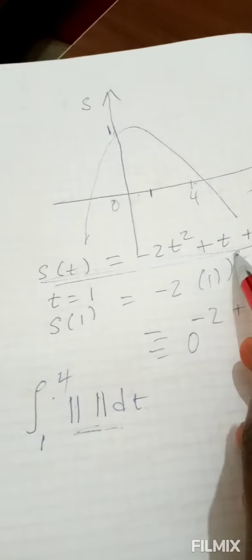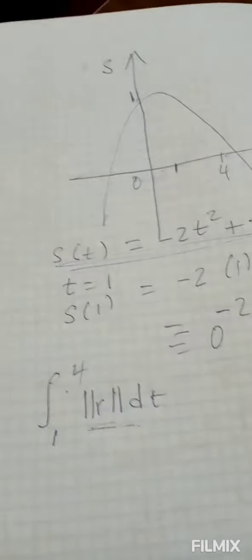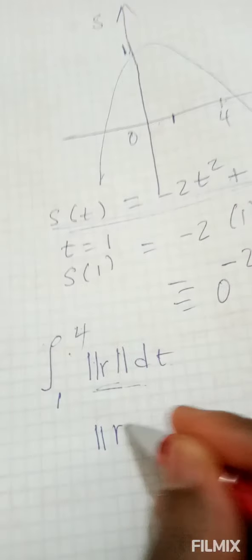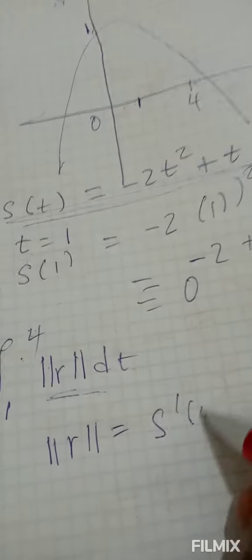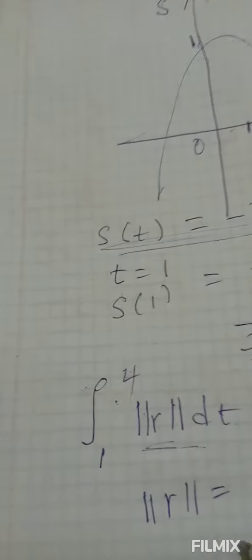We are going to take the derivative of s of t, since here we are finding the norm r. So the norm r is equal to s prime of t.